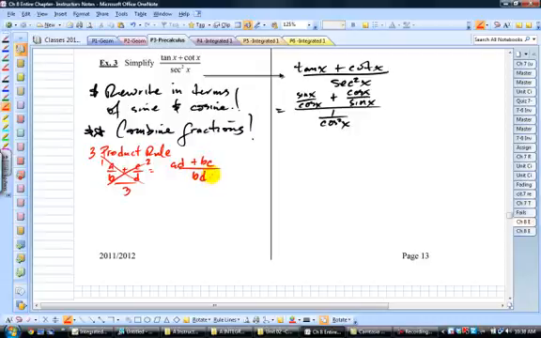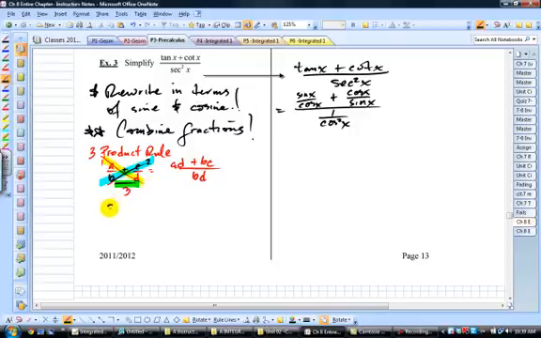I call it the 3-product rule because you multiply 3 times. Starting with the first cross product here, A times D, then B times C, and then of course the last one would be B times D. You multiply the denominators. Let me just show you how it works.